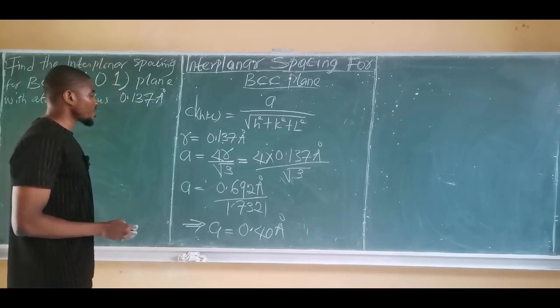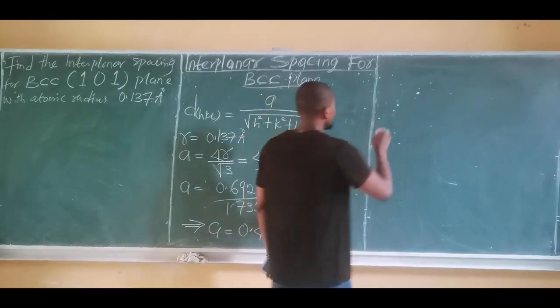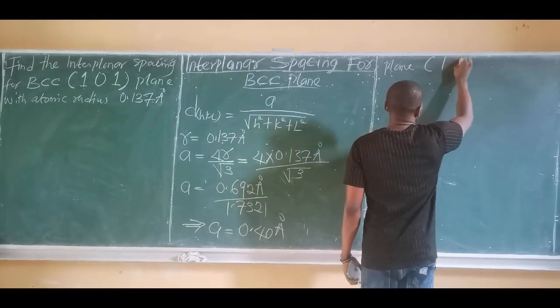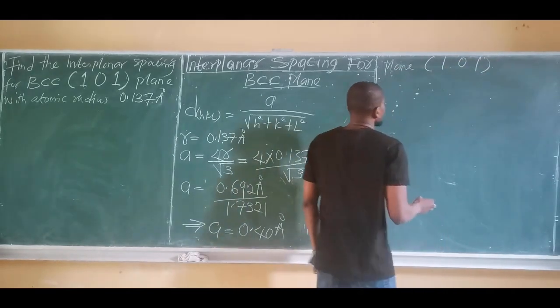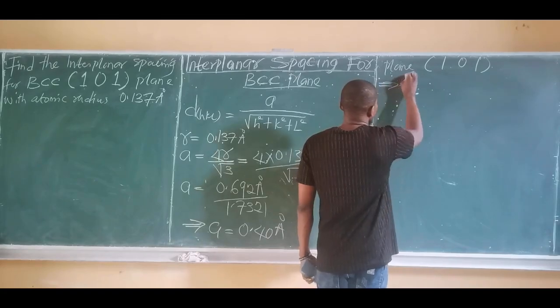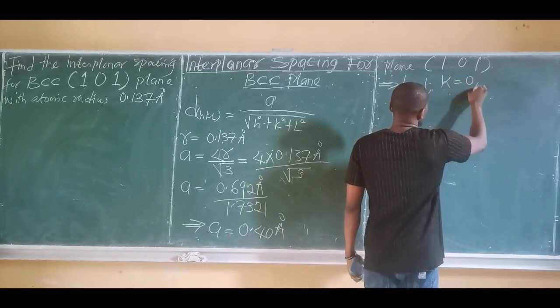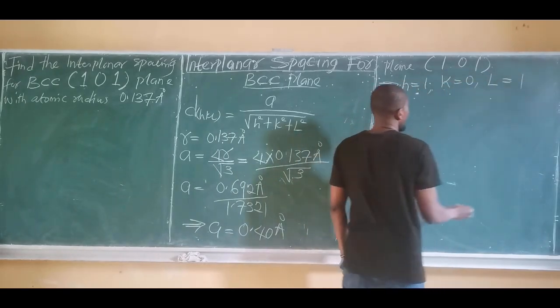Now we want to find the interplanar spacing for the plane. So we are given plane 101. For this plane, this simply implies that h is equal to 1, k is equal to 0, l is equal to 1.